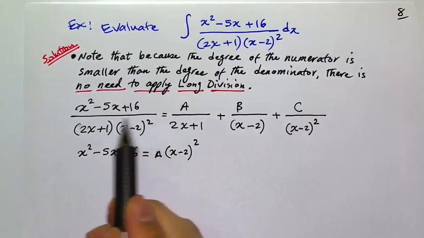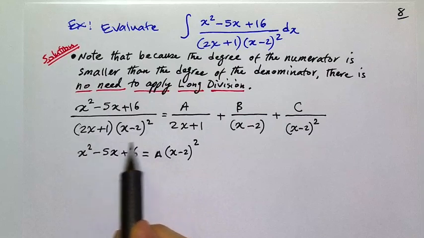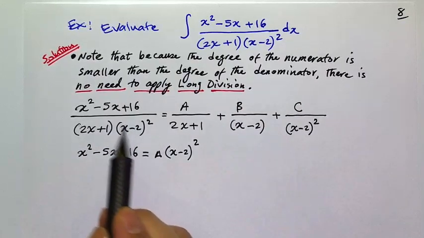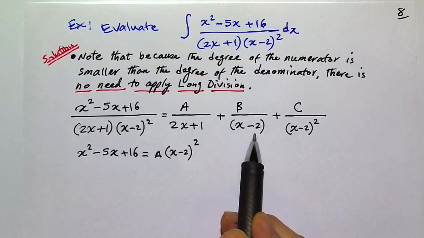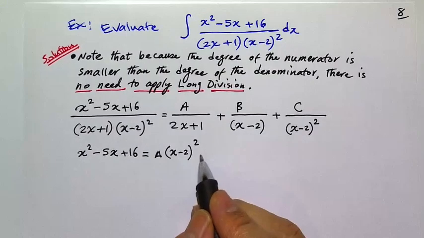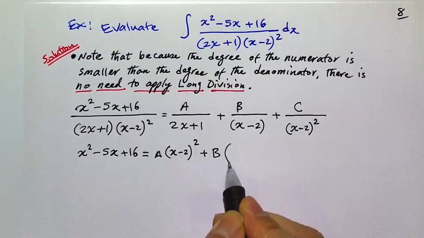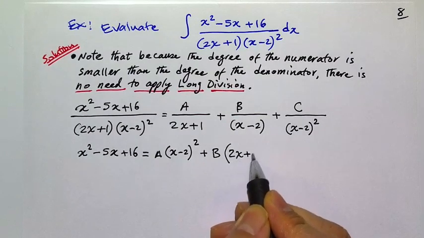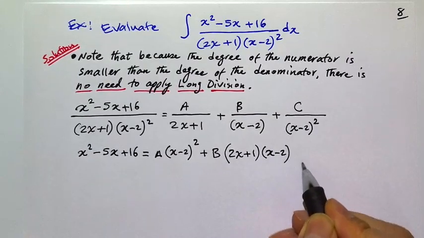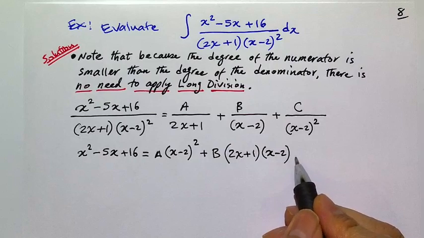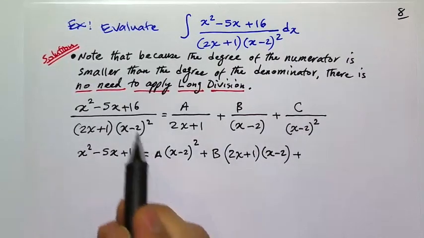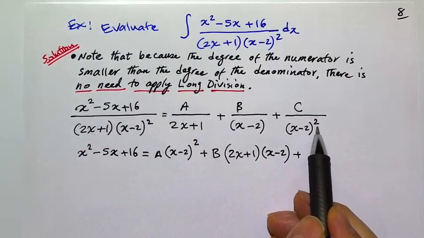If we multiply this whole denominator by this fraction, one of the (x minus 2)'s will cancel out. We end up with (2x plus 1) times (x minus 2), so plus B times (2x plus 1) times (x minus 2), plus, if we multiply all of this by this fraction, (x minus 2) squared and (x minus 2) squared cancel out.